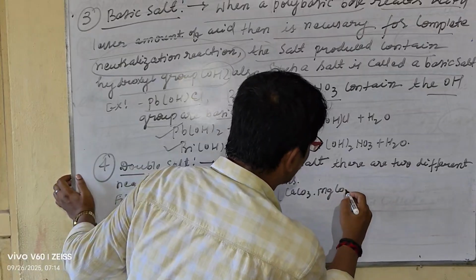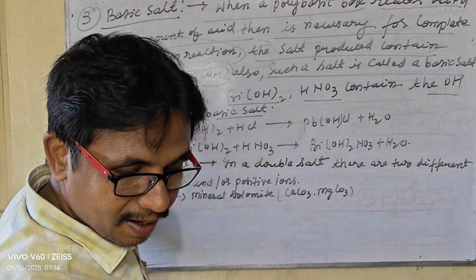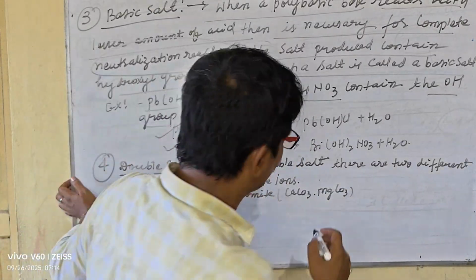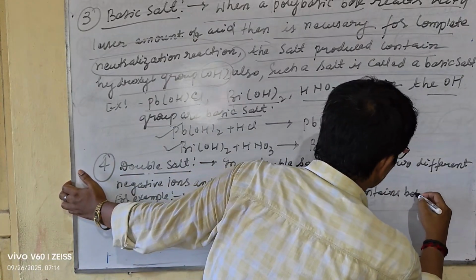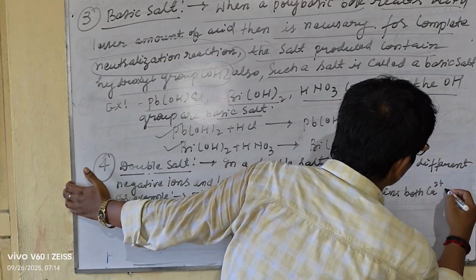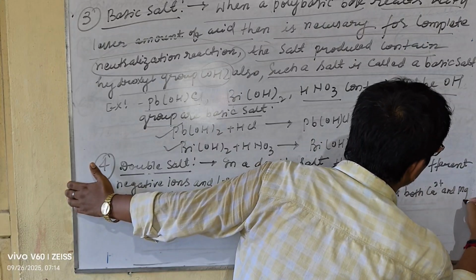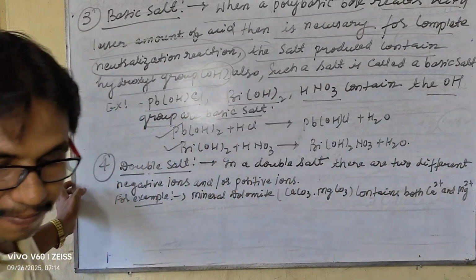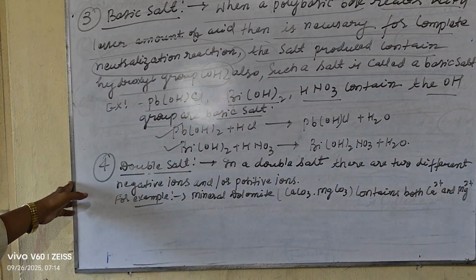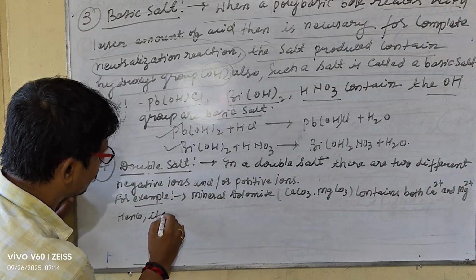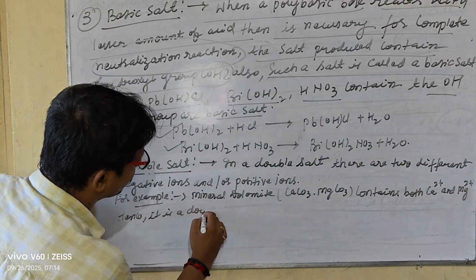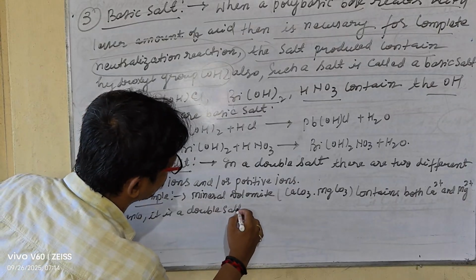It means two salts are combined in one. It contains both Ca2+ and Mg2+, hence it is a double salt.